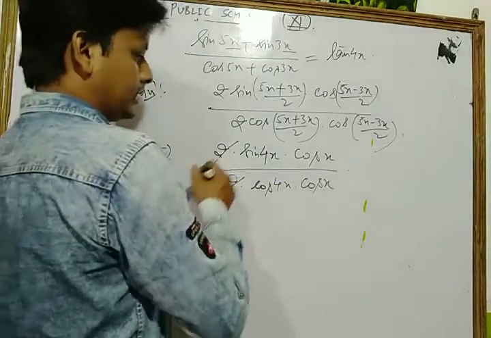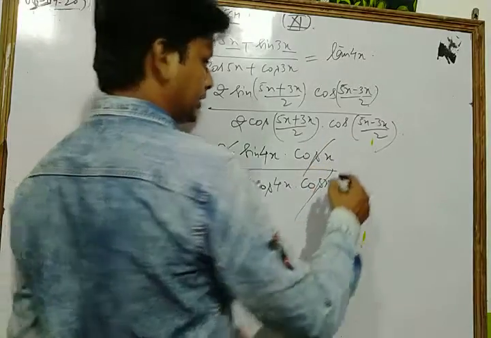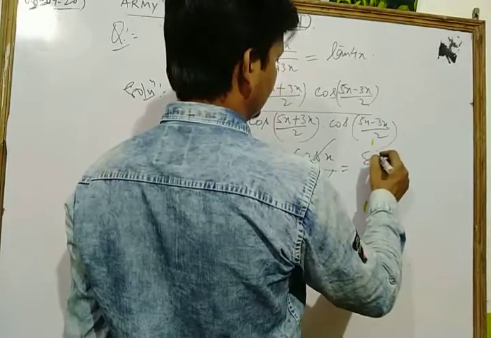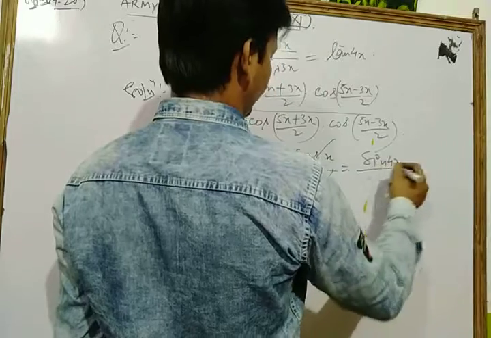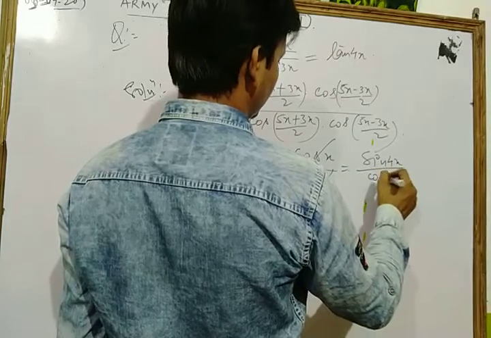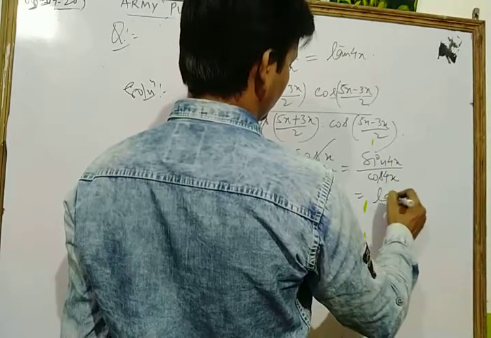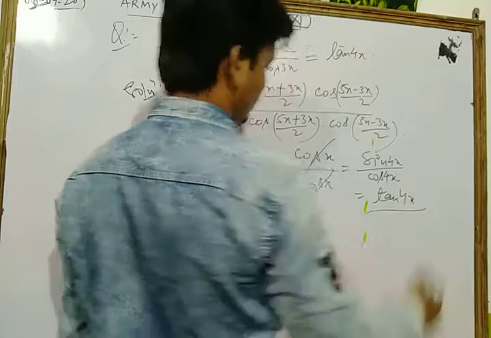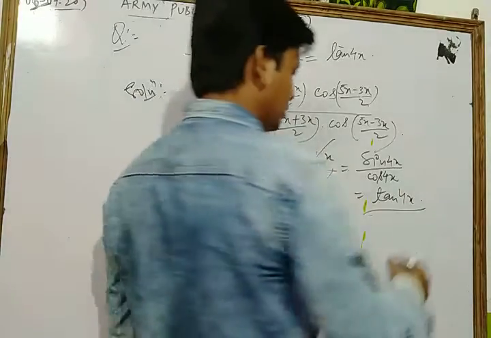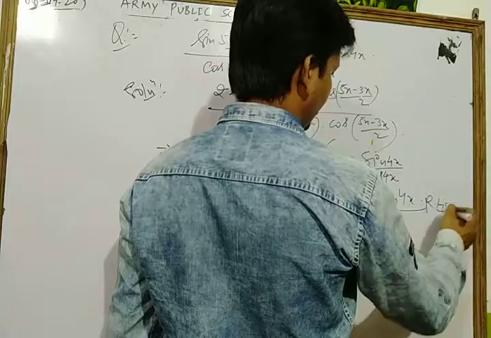Now here the 2s cancel out, cos x cancels out, then I get sin 4x upon cos 4x, that is equal to tan 4x. Okay, that is your RHS. This is your RHS, hence proved.